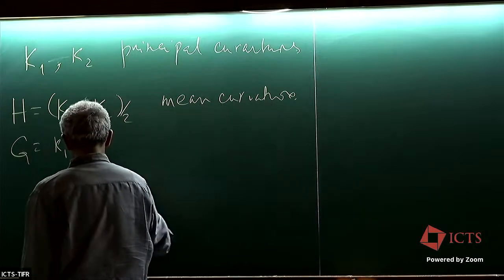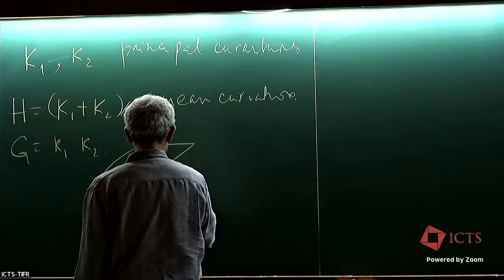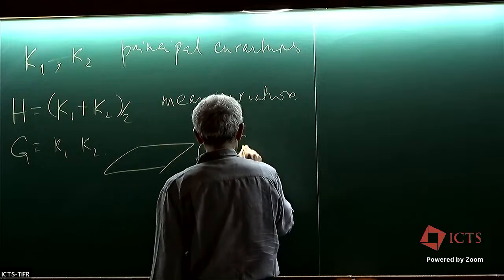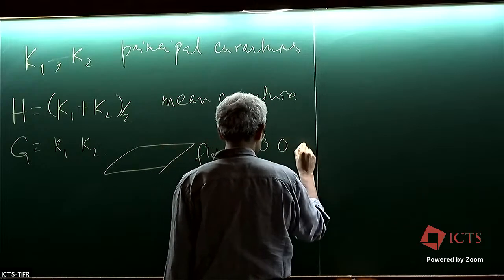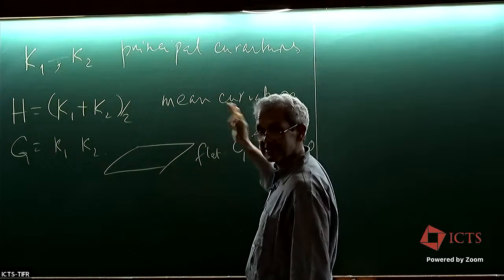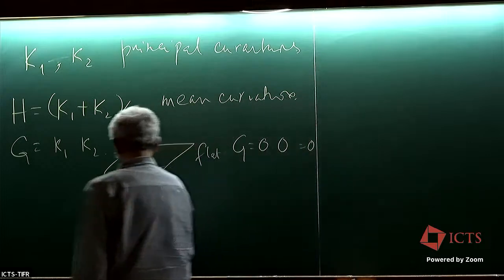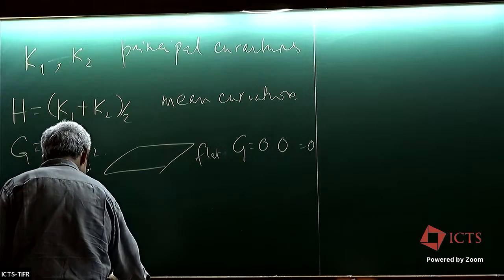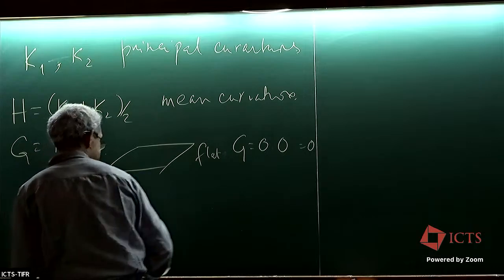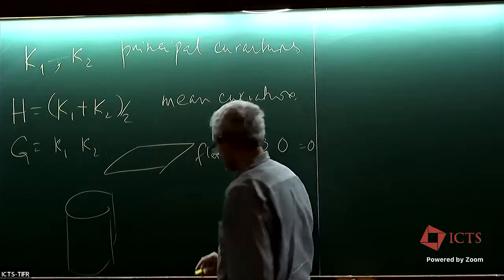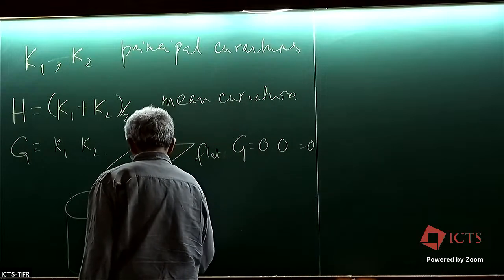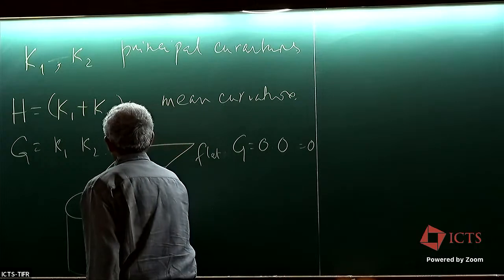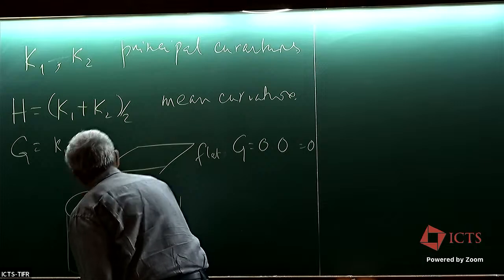So the language is, this sheet is flat. Obviously it has Gaussian curvature of 0 times 0, which is 0. This curvature is 0 in both directions. If I want to curve something into a cylinder, this is okay because G is this radius of curvature times 0 in this direction.